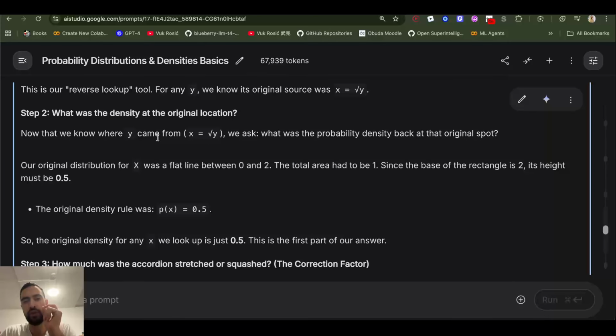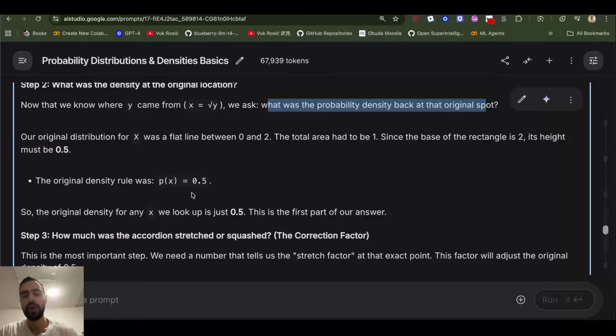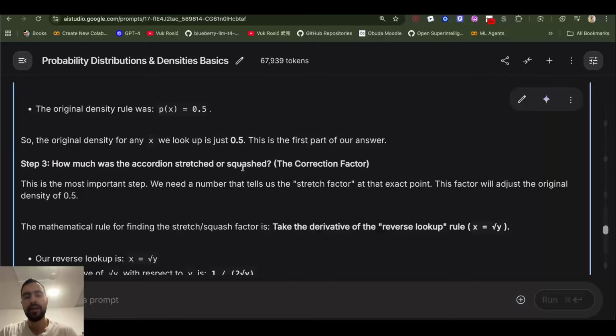Now that we know from which x value y came, we can ask what the probability distribution was back at that original spot. We know that for every x the probability was 0.5 originally. And now we also need to figure out how much this probability was stretched or squashed at this point.